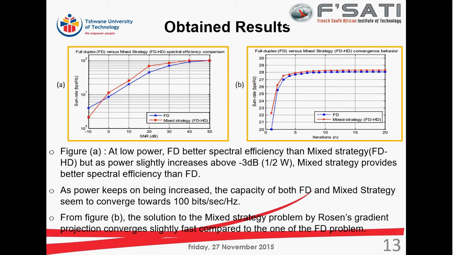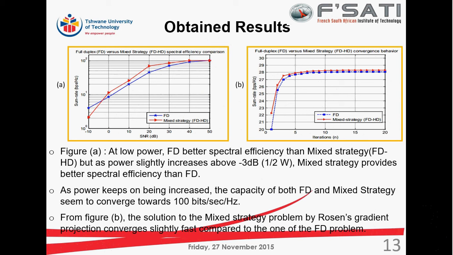As power keeps on being increased, the capacity of both full duplex and mixed strategy seems to converge toward the same value of 100 bits per second per hertz. This is acceptable and makes sense because power cannot indefinitely keep on being increased and therefore has some sort of saturation. It is the limiting power. That's why it describes the constraint in the optimization problem.